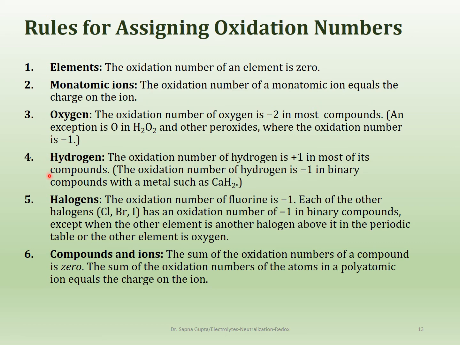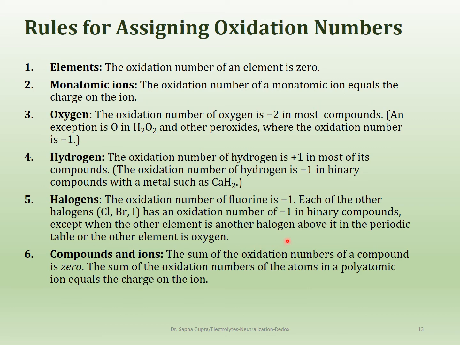What we mean by saying that hydrogen is +1 and -1 is that hydrogen can never be +2 or -2. It's always going to be either +1 or -1, depending again on how it is bonded. Halogens are pretty much going to be -1, group number 7, always -1.